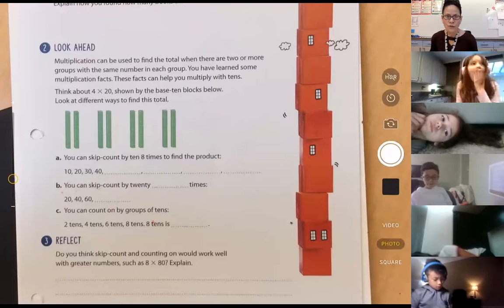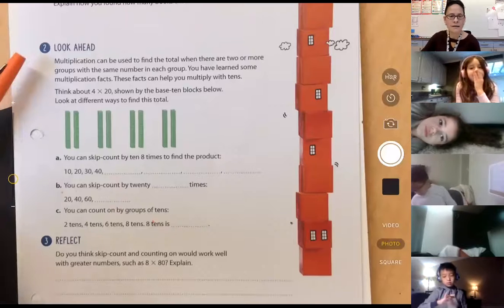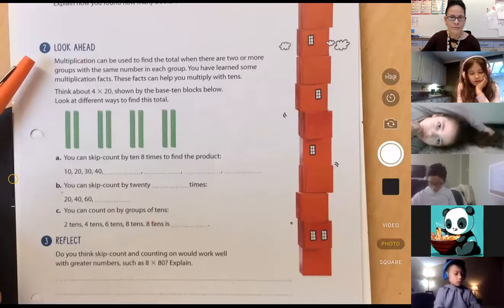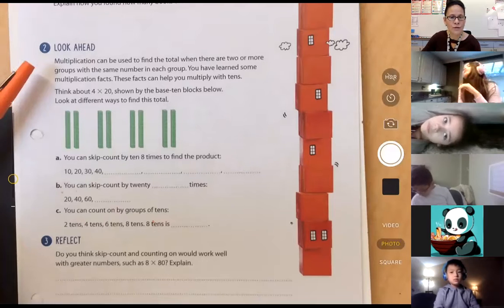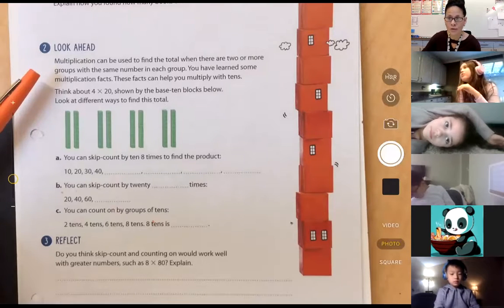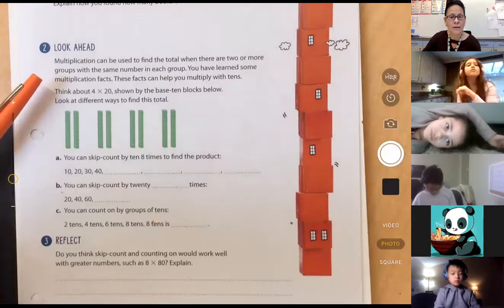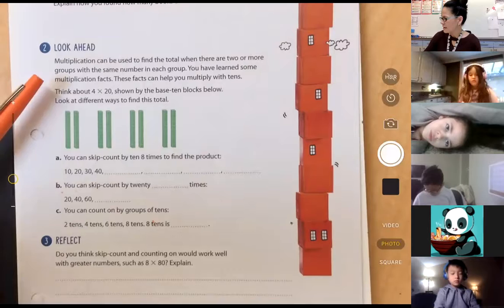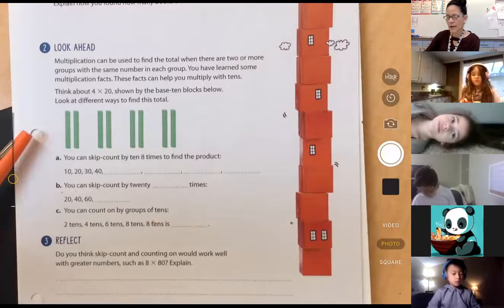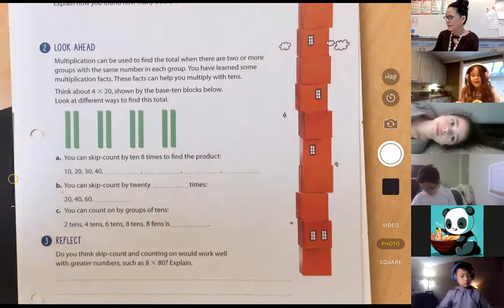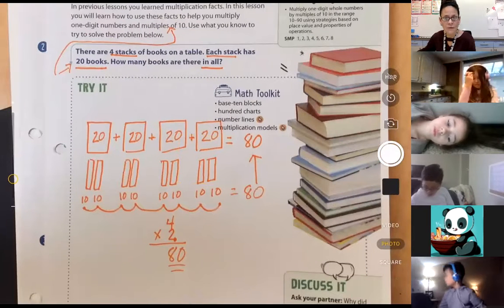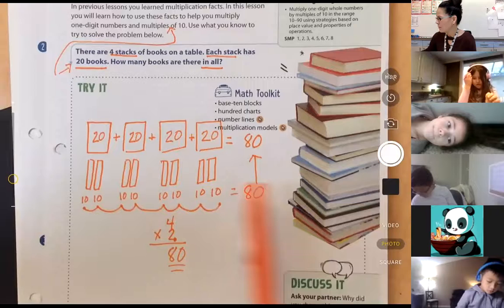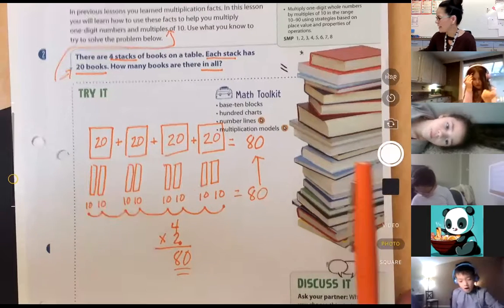On page 212, you're going to see on number 2, where it says that multiplication can be used to find the total when there are 2 or more groups with the same number in each group. We know that. You've learned some multiplication facts, and those facts will help you multiply with tens. So friends, on page 212, you are seeing that it is what we modeled on page 211 when we used the multiples of 10.